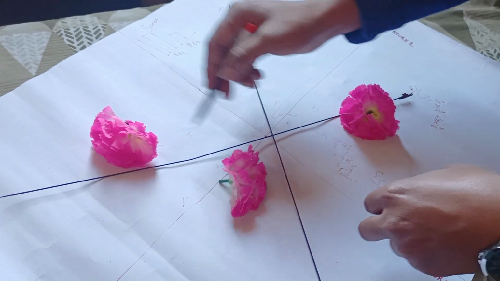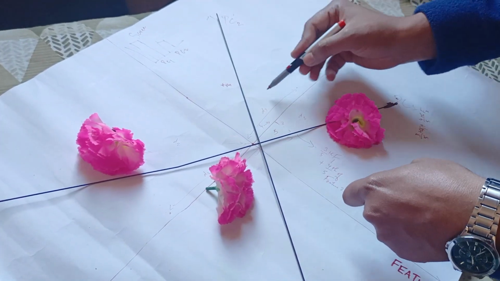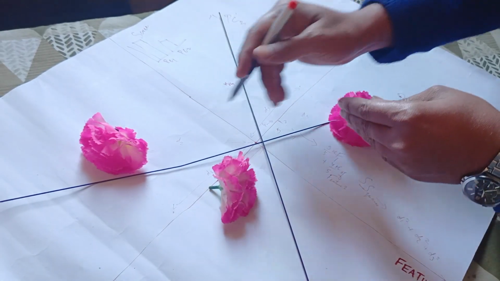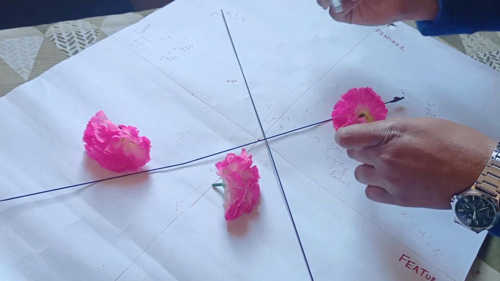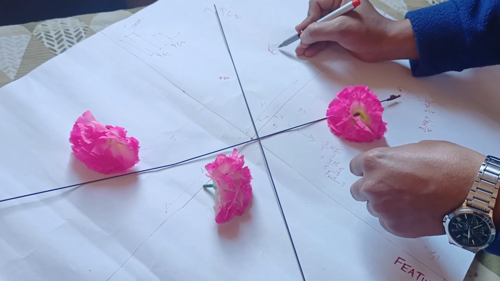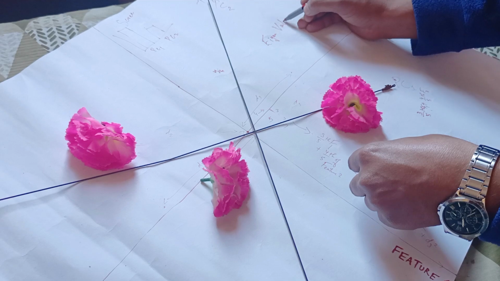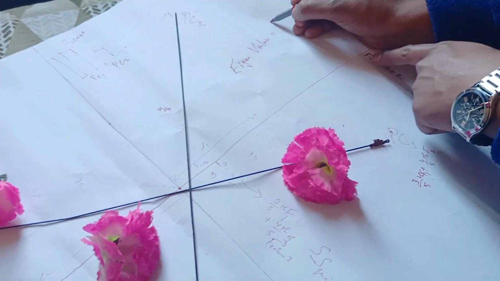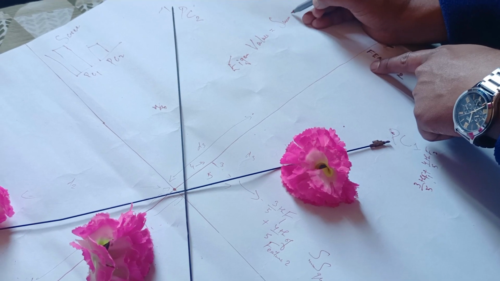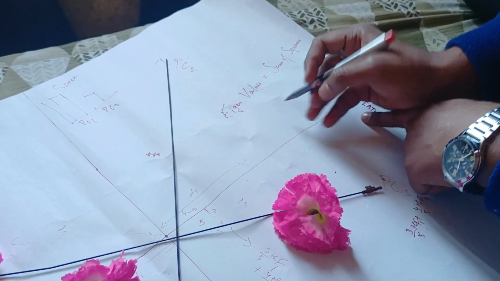The sum of squares of the distances from the origin is called the eigenvalue.